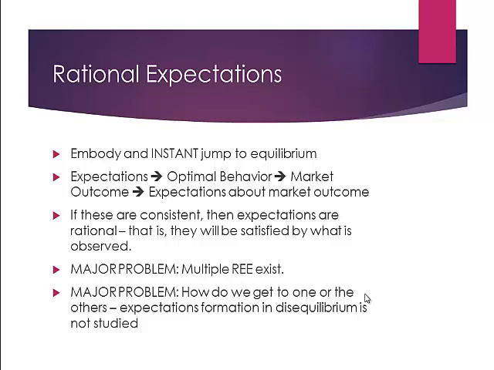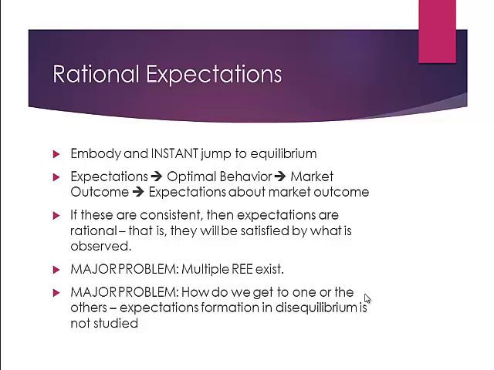If this result is in accordance with the expectations, then this is called rational expectation. The outcome you're thinking about is your expectation, that determines how you behave, how you behave determines the outcome, and the outcome determines the expectation. So there is a loop.